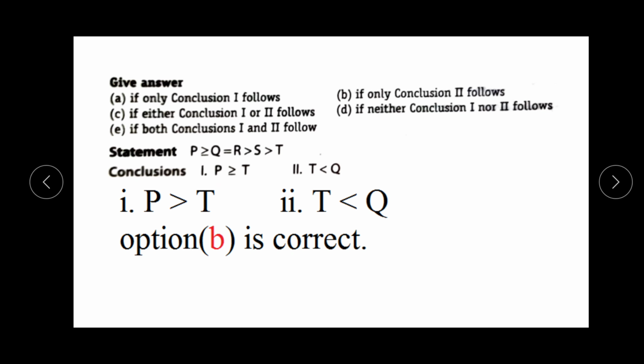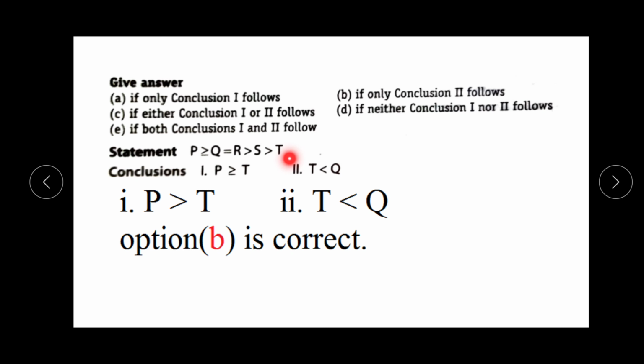We will check the other conclusion, T smaller than Q. We start from right to left. Here T is less than S, S is less than R, and R is equal to Q. From T to Q there are only two inequalities, equal to and less than.